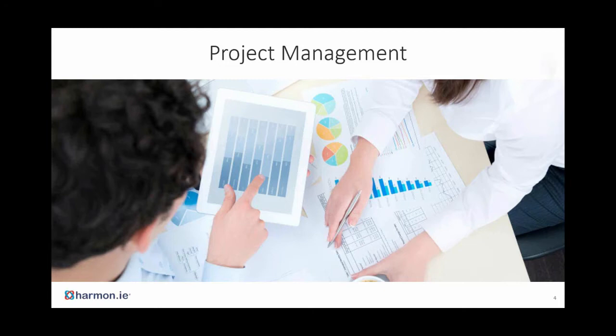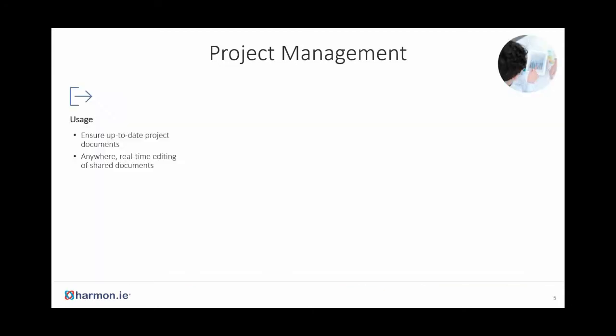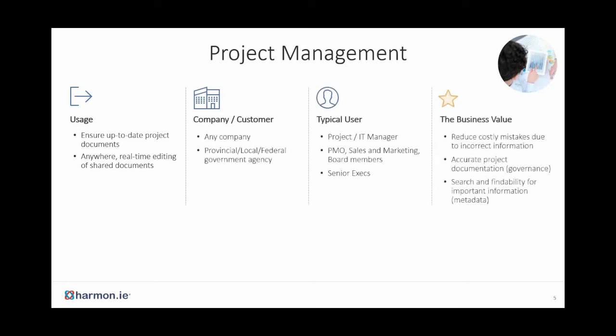So what are the high-level business requirements for project management? They are really pretty simple ones, but which are not so easy to actually meet. We all want to see up-to-date information, these contact lists, these calendars, these documents.